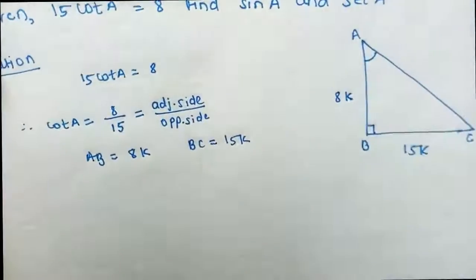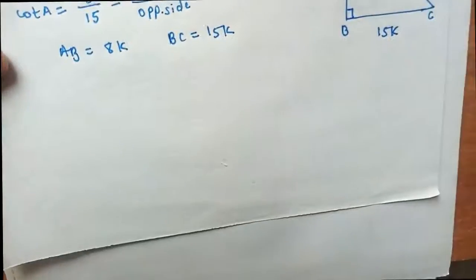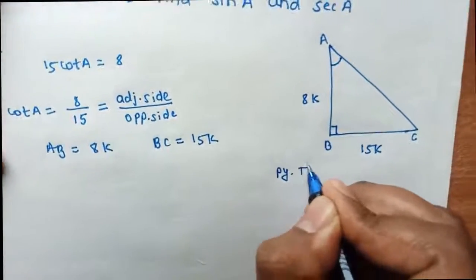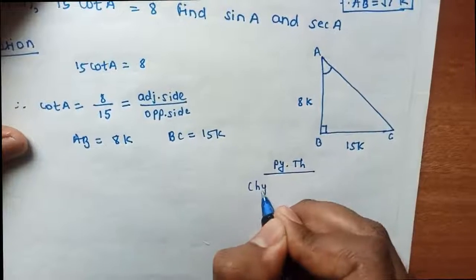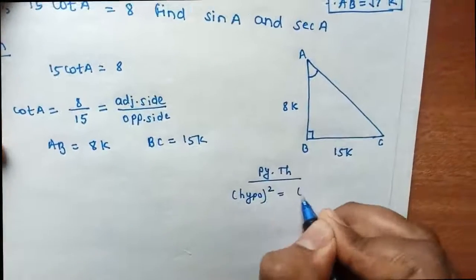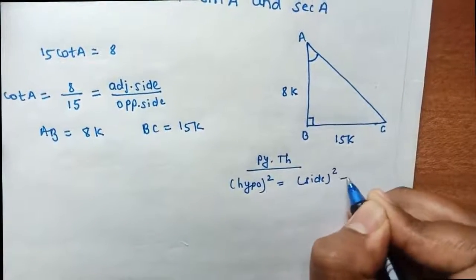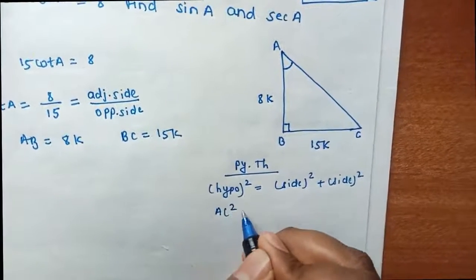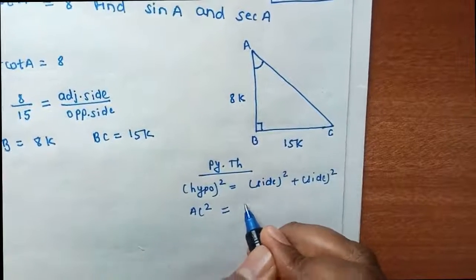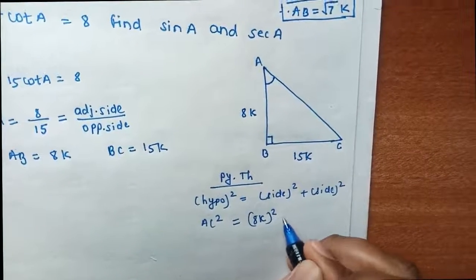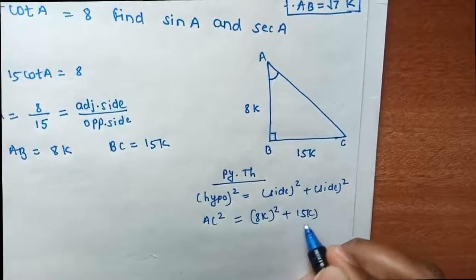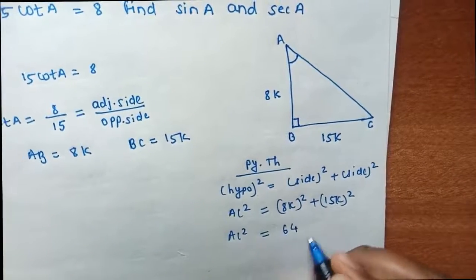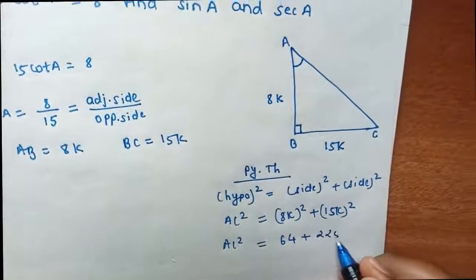Now, as usual, let's take the Pythagoras theorem and find the hypotenuse. By Pythagoras theorem, hypotenuse square is equal to side square plus side square. The hypotenuse is AC, so AC square is equal to (8k) square plus (15k) square. So AC square is equal to 8 square is 64 and 15 square is 225.